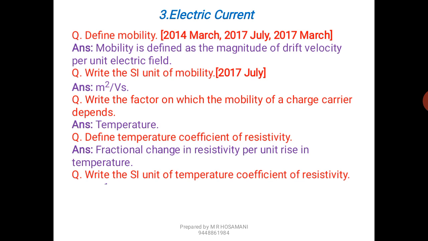If we measure the temperature in degree centigrade, then the unit is per degree centigrade, but the SI unit of temperature is Kelvin, so we write per Kelvin. As per the question, the answer is per Kelvin.